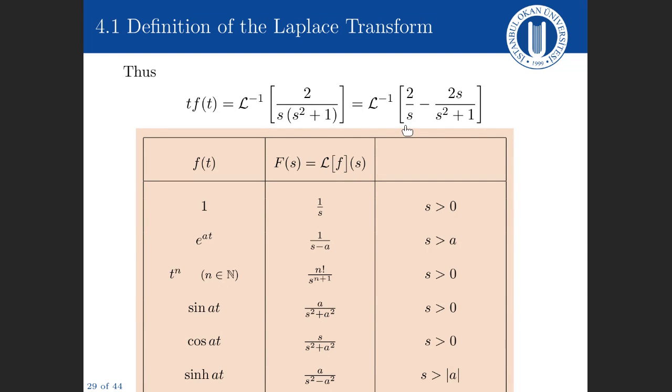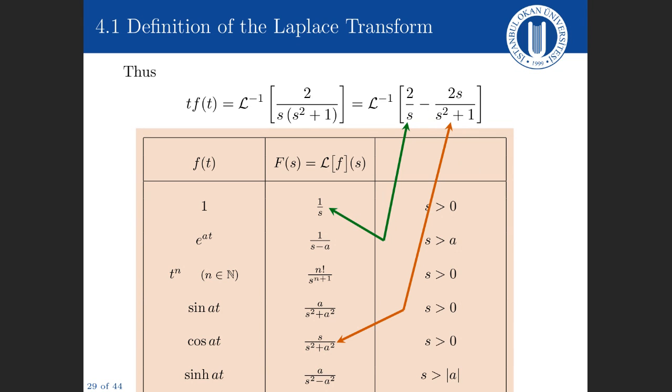I'm looking for something in the middle column which looks like a number divided by s. And here it is. I have 1 over s in my middle column. I'm also looking for something that looks like 2s over s squared plus 1.